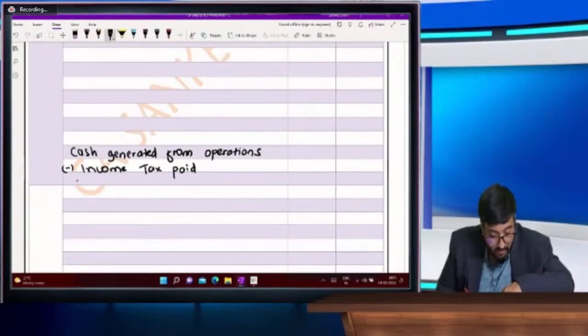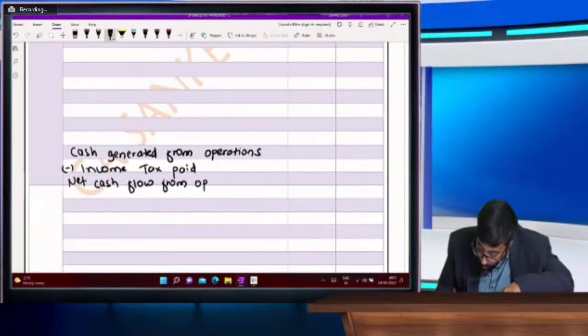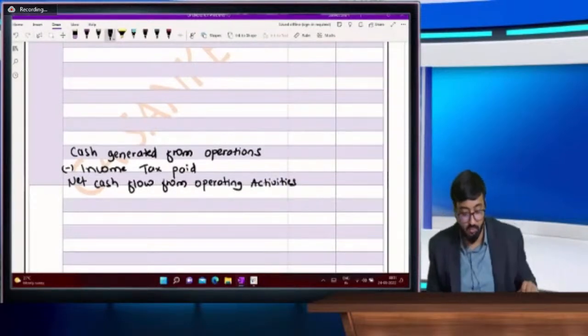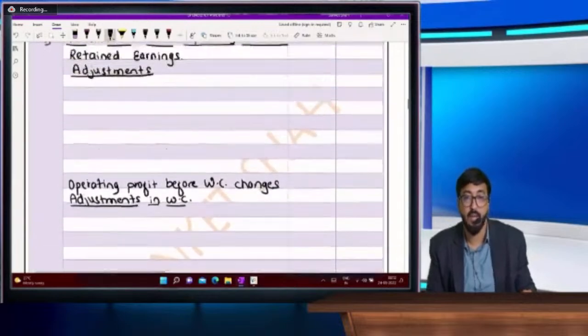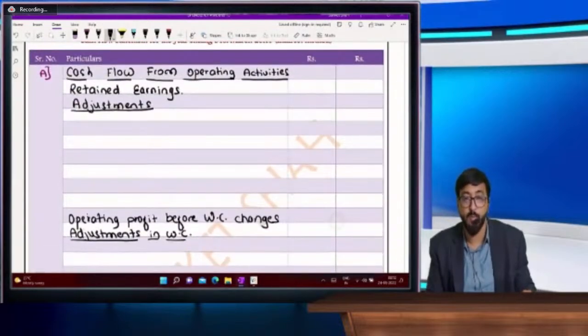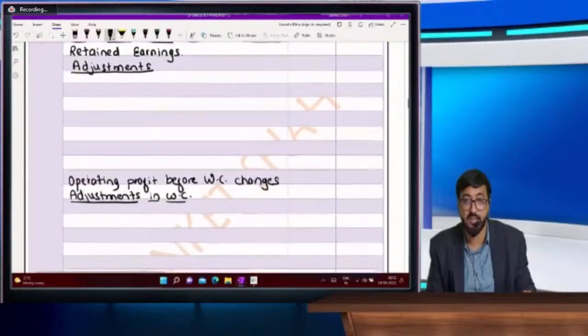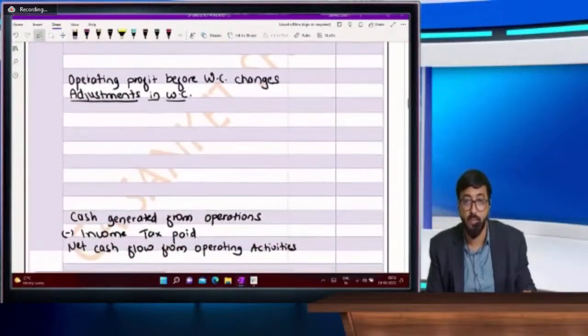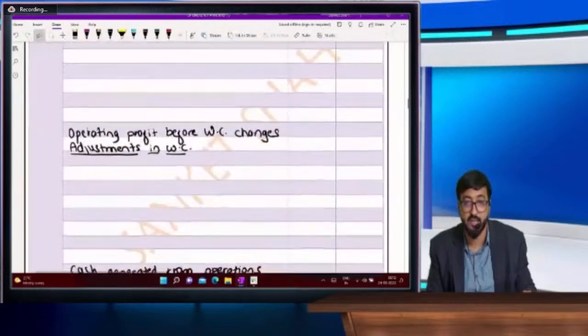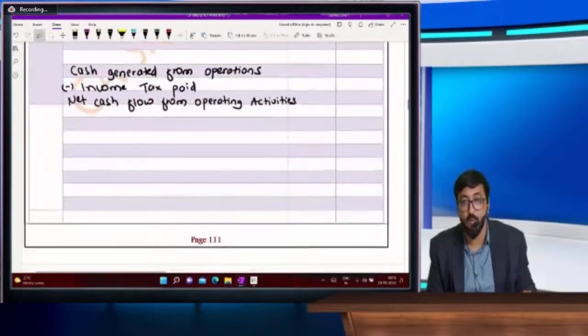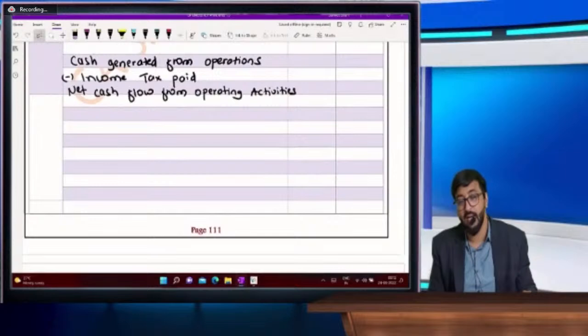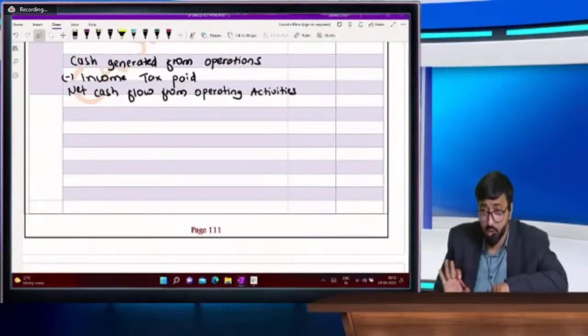And then you will get net cash flow from operating activities. This is the last one. A completed: retained earnings, adjustments 6 to 7 lines, operating profit before working capital changes, then again adjustments for working capital, cash generated from operations, less income tax paid, and net cash flow from operating activities. I'm very slow for the first question.